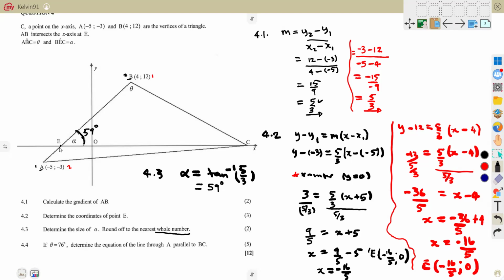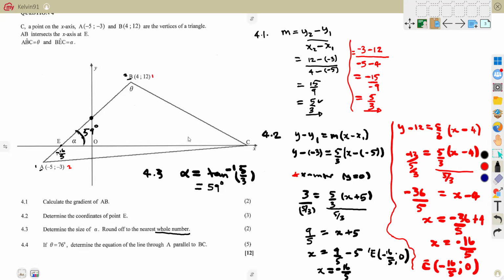Alternatively, it was possible that since we have the x coordinate here is minus 16 over 5, we're supposed to also get the y-intercept depending on how you had done the equation. So let us try to do it.